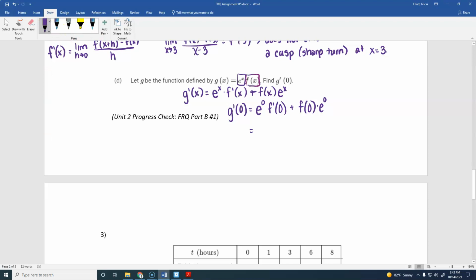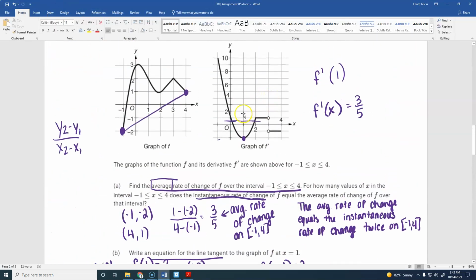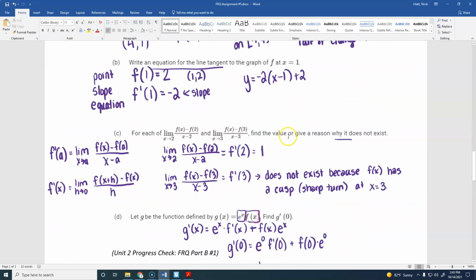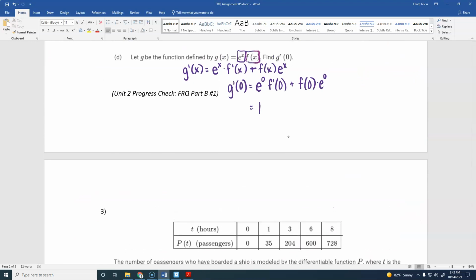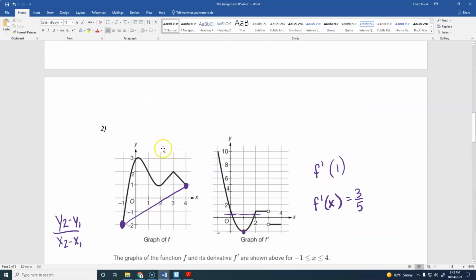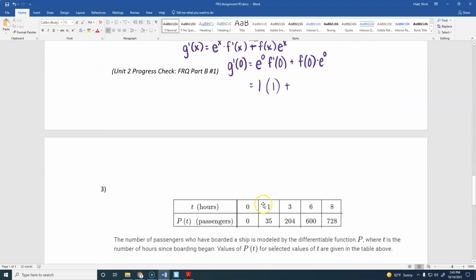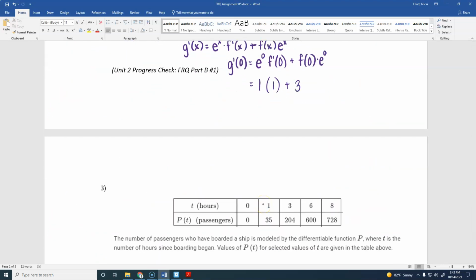So what is e to the 0? 1. F prime of 0. I'm going to find that from up here. What is it? 1. I'm getting that from that graph. F of 0 is going to be 3. And e to the 0 is 1, so you get 1 plus 3, which is 4.